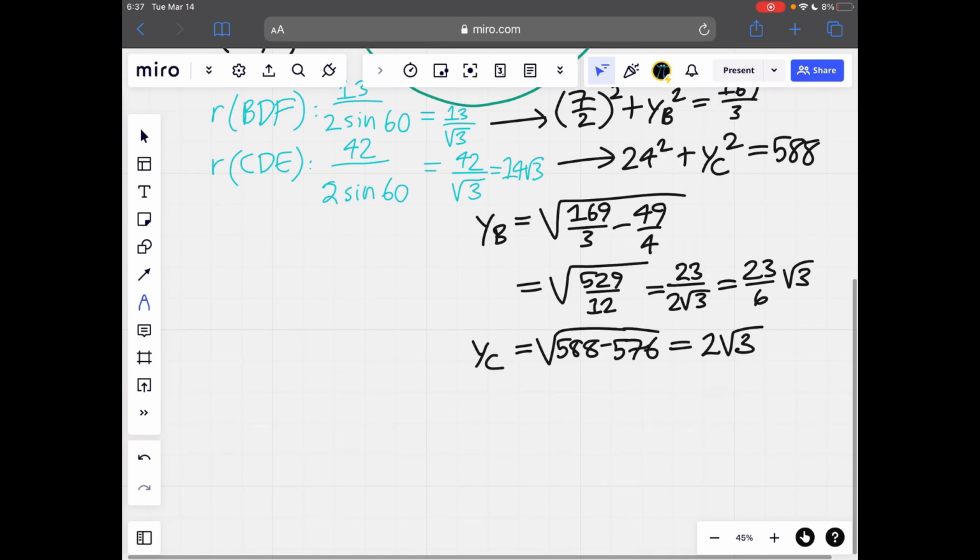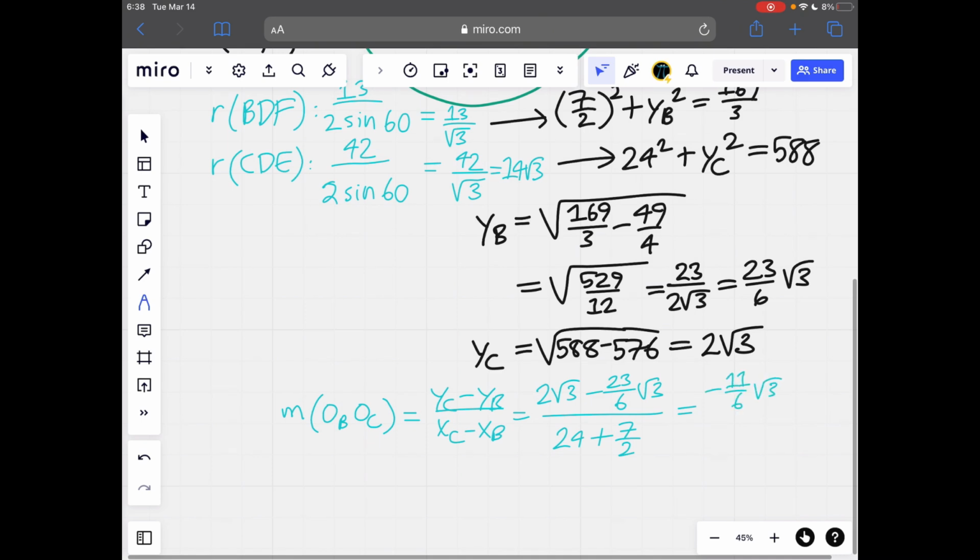And so we can finally get the slope of OBOC. We have YC minus YB over XC minus XB. And that's going to be 2 root 3 minus 23 over 6 root 3 divided by 24 plus 7 over 2. This is minus 11 over 6 root 3 divided by 55 over 2.